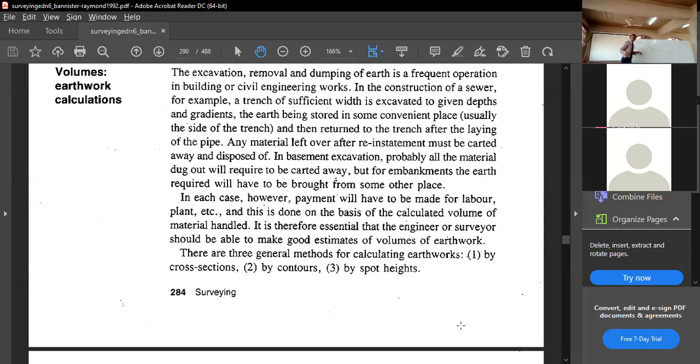The volume is very, very easy. Anybody can calculate volume. You just take this one and multiply it with that. That's the base, isn't it? So you get this area and then multiply by the height.